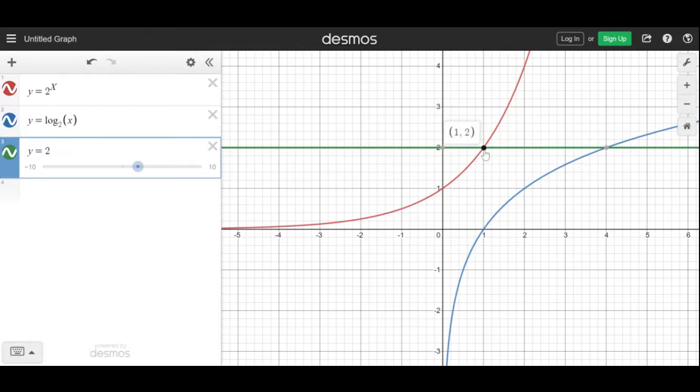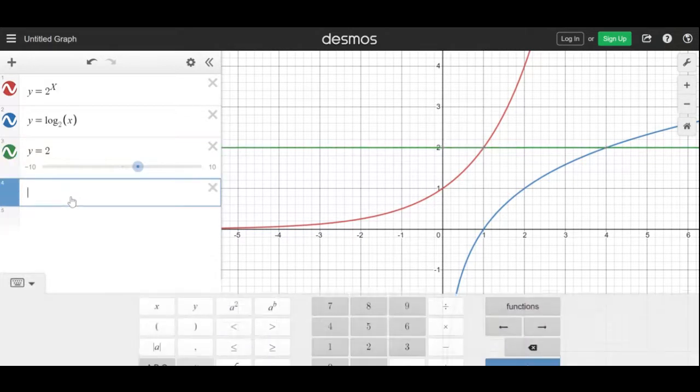So if this is a one-to-one function from the previous presentation, this curve has an inverse. So the inverse of this, it's the blue curve here. And as you can see, that's exactly the reflection of the red curve. And that is the log function. So that's the second one that we put here. y is equal to log with base 2 of x.